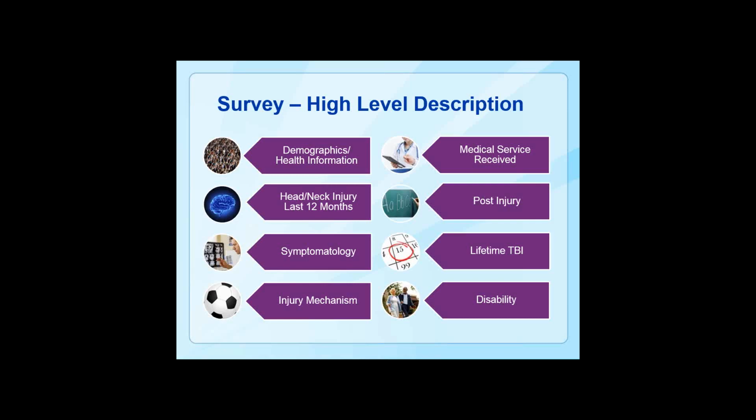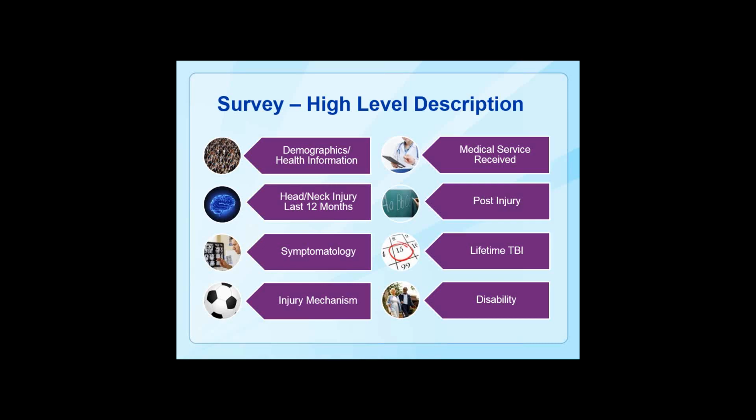Then we'll be asking about head or neck injuries experienced in the last 12 months. The first prompt is whether the respondent or their child sought care for a head or neck injury, or if they or their child were examined because of an injury to the head or neck.